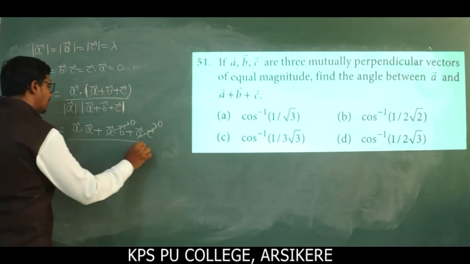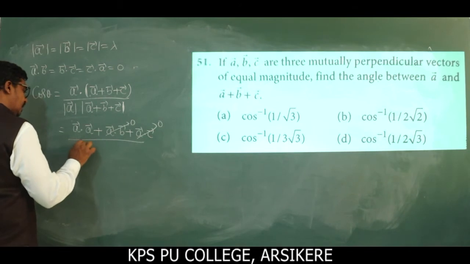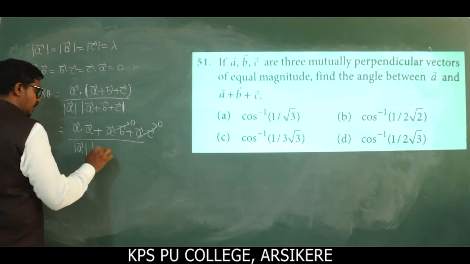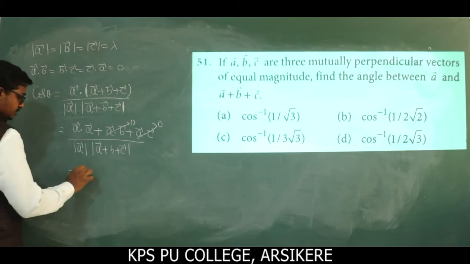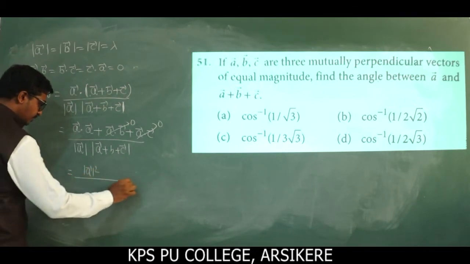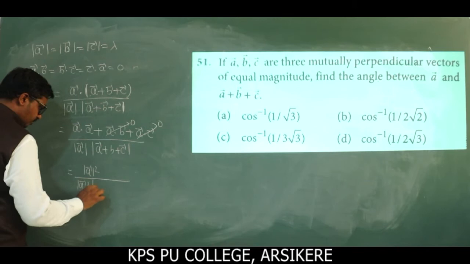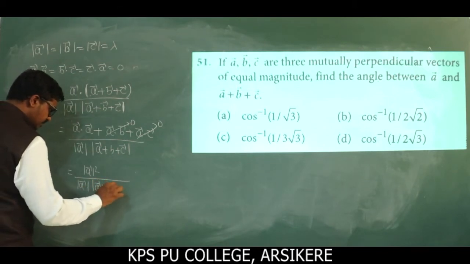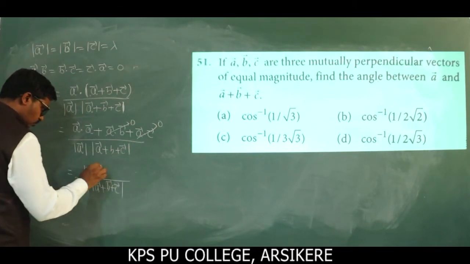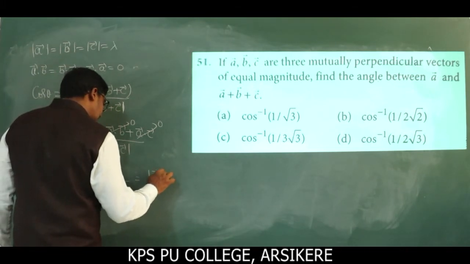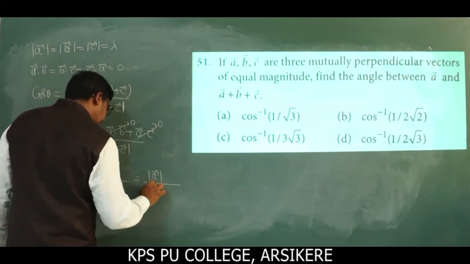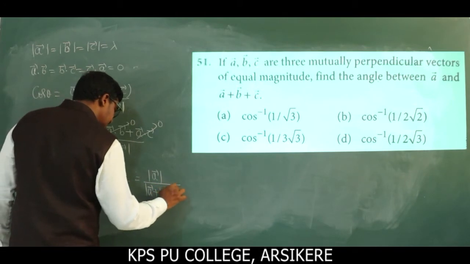And in the denominator we have the same thing, magnitude of vector A into magnitude of vector A plus B plus C. So this implies mod of vector A whole square divided by mod of vector A into magnitude of vector A plus B plus C. One term and this term get cancelled. Finally we are left with magnitude of vector A divided by magnitude of vector A plus B plus C.